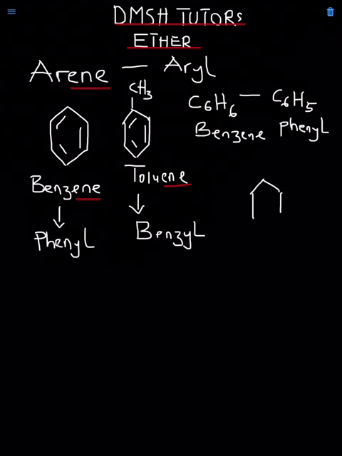So this is benzene, right? Now benzene is attached to an alcohol group, which is the OH group. Since alcohol groups end with ol, therefore we have phenol. Okay, so these are the things that I want to talk about.